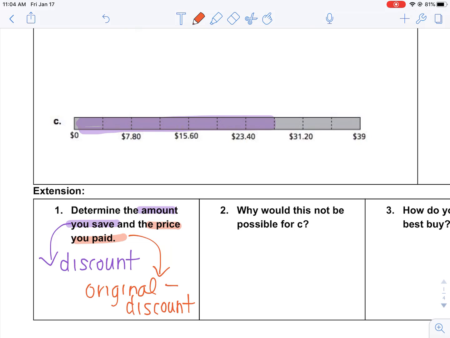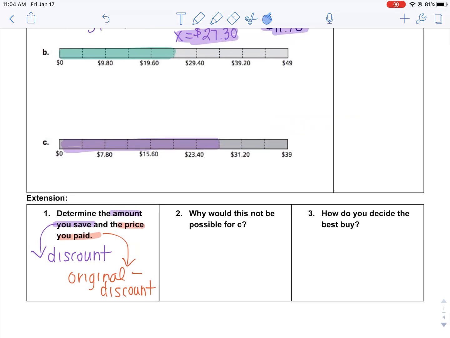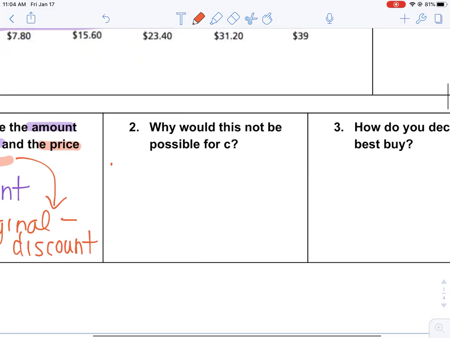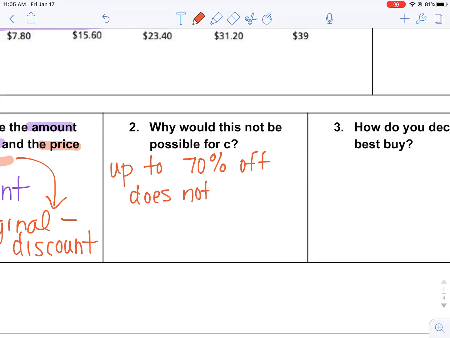Why would this price not be possible for C? So I kind of just explored those options. Because the tag says up to 70% off, that doesn't mean we're going to get the full 70% off. So answer number 2, we can just write in up to 70% off does not mean that is the biggest discount.